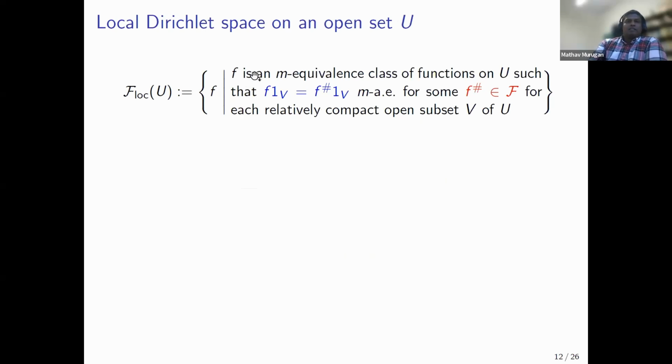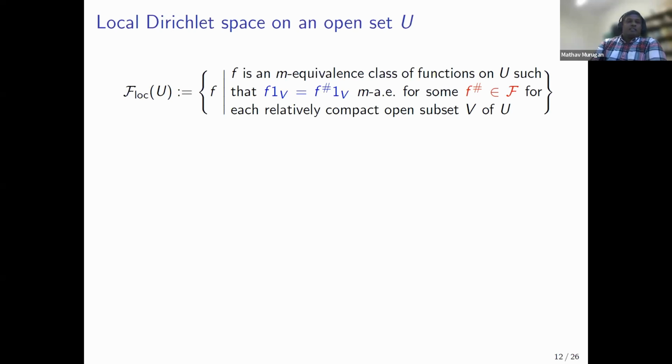So f is some equivalence class of functions on U such that f coincides on any relatively compact open subset V of U with some function f sharp in the domain of the whole space. So you have a function that's only defined on U, but on every relatively compact open patch, it coincides with some function that's globally defined and belongs to the domain of the Dirichlet form.